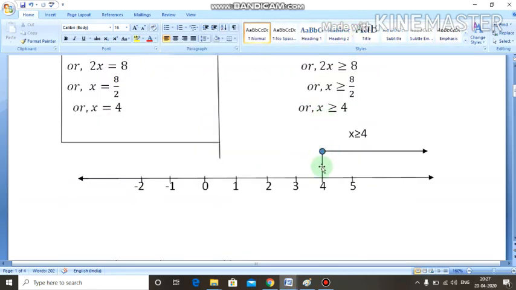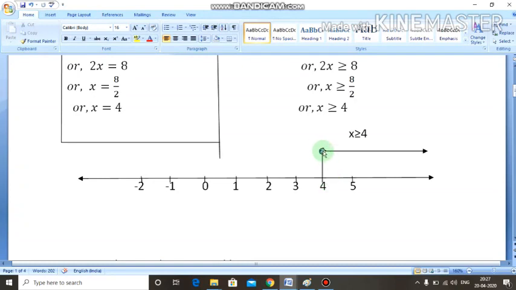From the 4 I have highlighted here, along the left hand side is the zone of less than 4, and from the 4 along the right hand side is the zone of greater than 4. The answer came x ≥ 4.